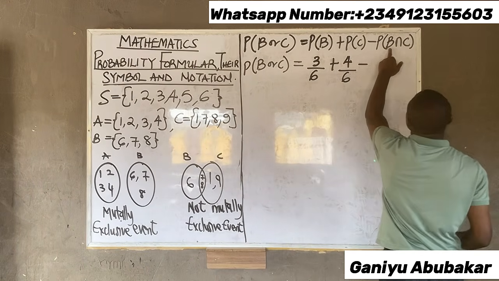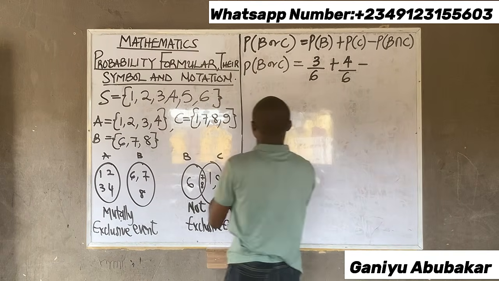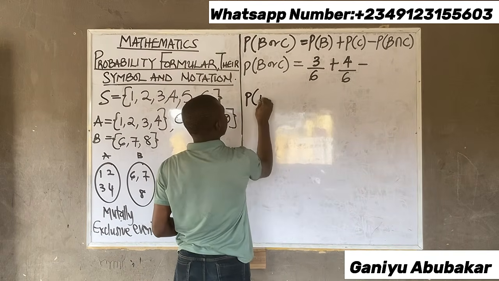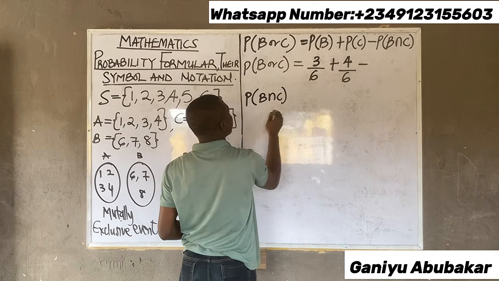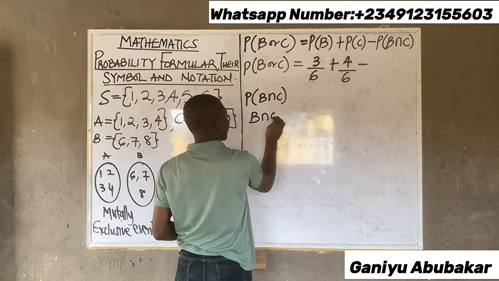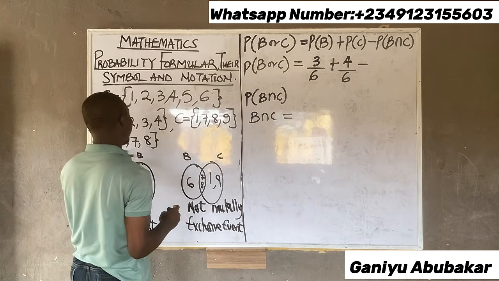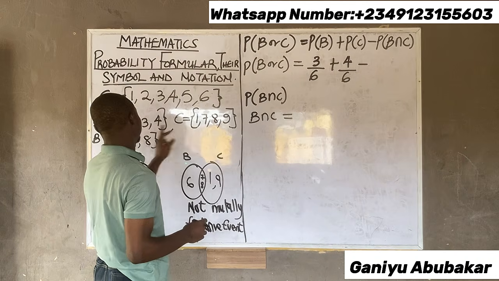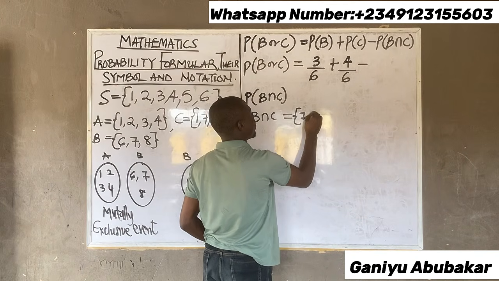Now, for this particular part, if I'm asked to find the probability that B and C will occur, I'll first find B and C. What's B and C? B intersection C. B and C has what in common? 7 and 8. So B intersection C is 7, 8.